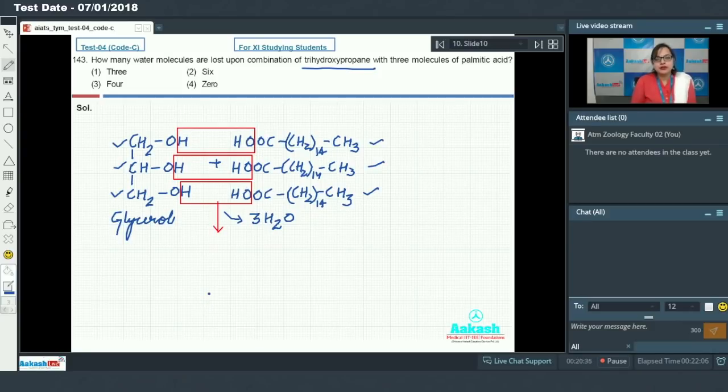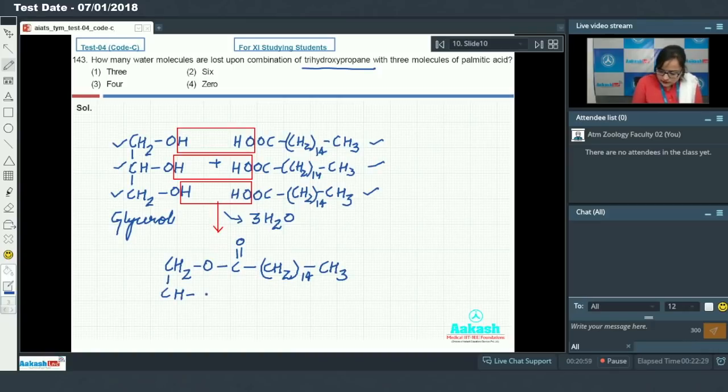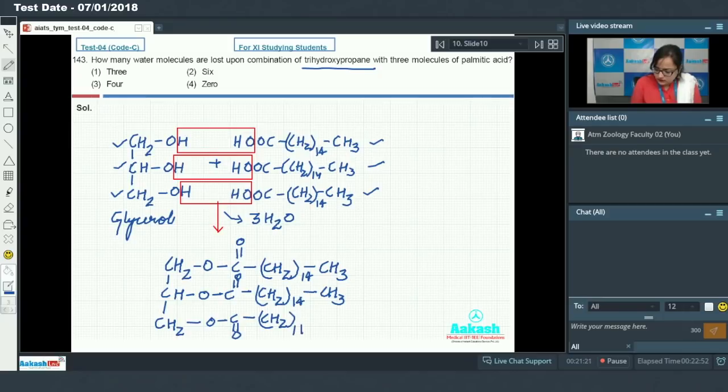The trihydroxypropane and 3 molecules of palmitic acid get linked by ester bonds, so it results in the formation of triglyceride.